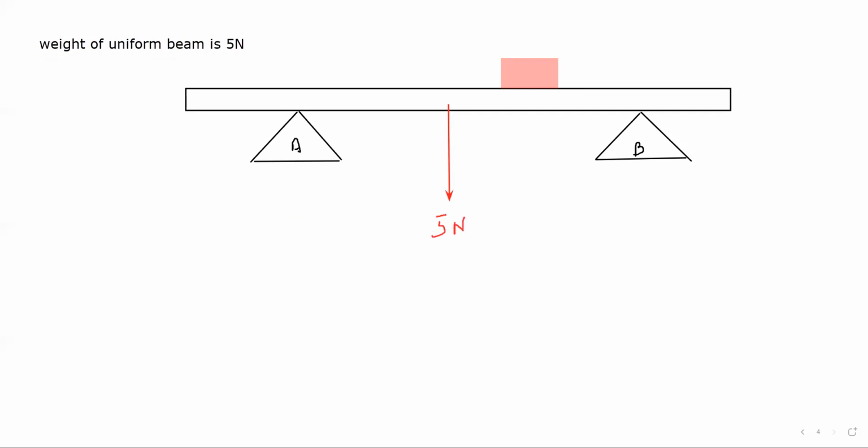The length of this beam, say it's 6 meters, and the distance of the pivots from each end is 2 meters.